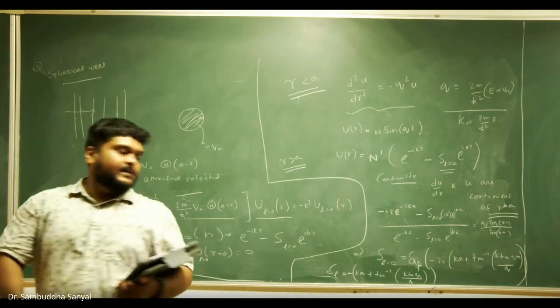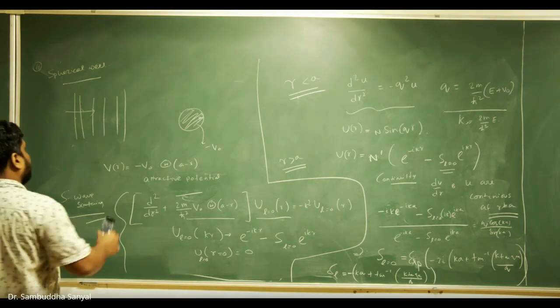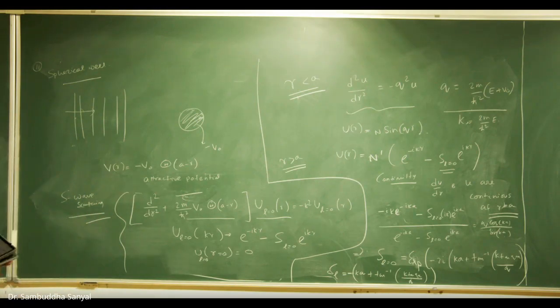So this will be your expression of delta, where the information about the V naught is hidden inside the q. That is the q expression. It's very straightforward. The problem boils down to solving a 1D particle in a well kind of problem on a half line using the continuity and everything. You can work out the phase factor.